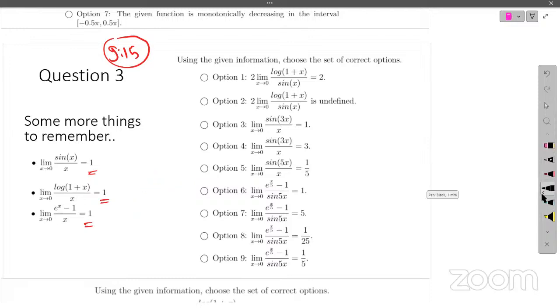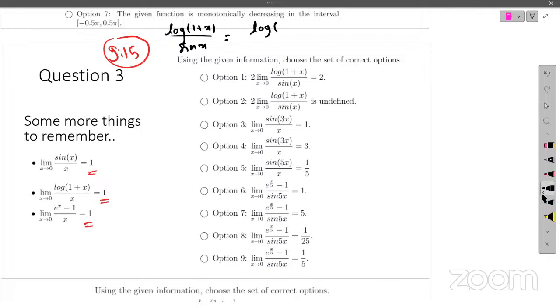So what is given to us? It's given that log of 1 plus x upon sin x. The limit of sin x upon x is given to us, and the limit of log of 1 plus x upon x is given to us. So we will change this function, log of 1 plus x upon sin x. We'll just multiply and divide by x.